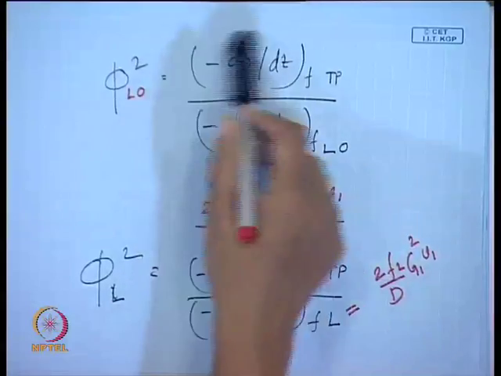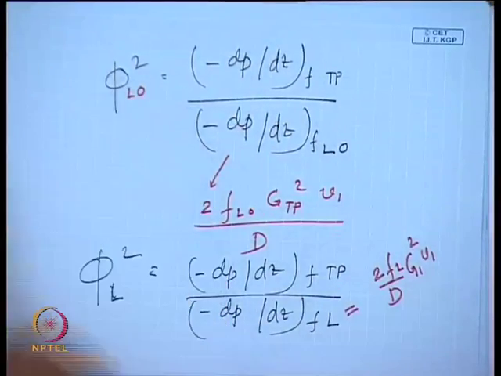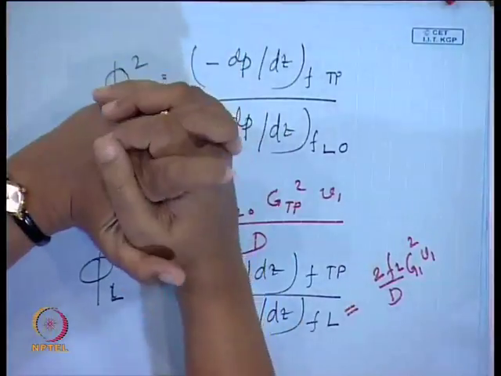These ratios are expressed in terms of two phase multipliers, in other words the multiplying factor to the single phase frictional pressure drop, which has to be multiplied such that we get the two phase frictional pressure gradient. Now, try to understand the situation. There can be a number of situations. One is when the entire mixture flows as liquid, or when the entire mixture flows as gas.